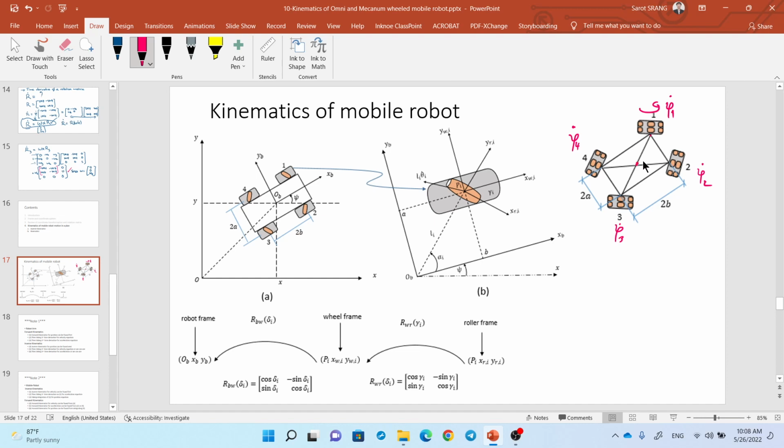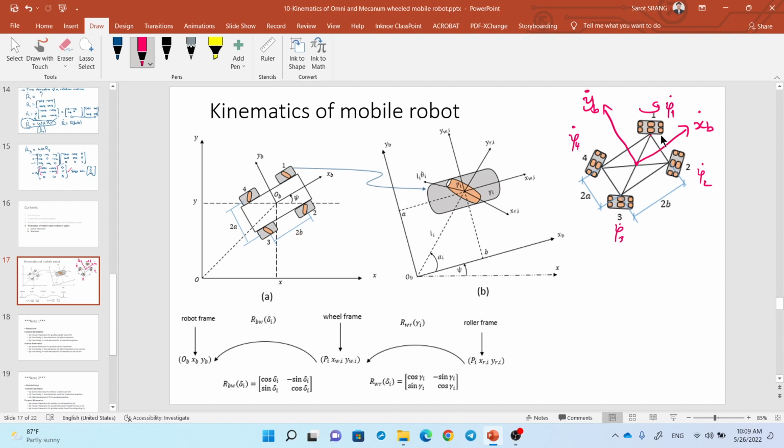So how can we calculate or compute the velocity of the robot on the x-axis, h dot b, and velocity on the y-axis, y dot b?